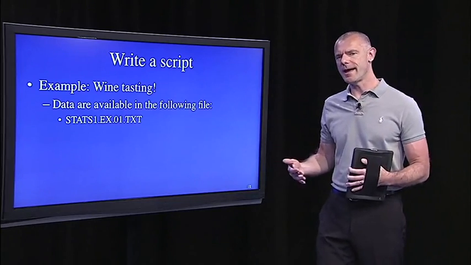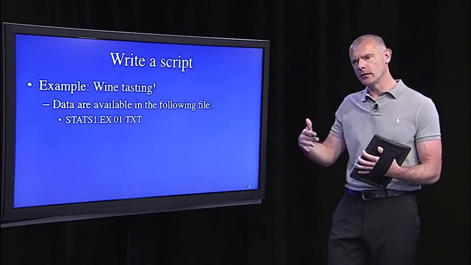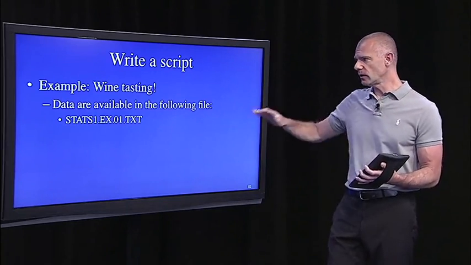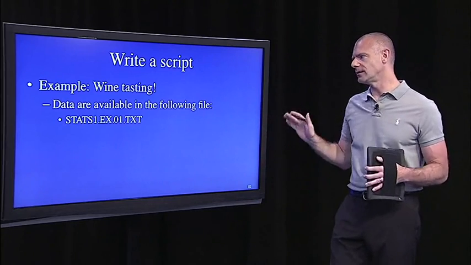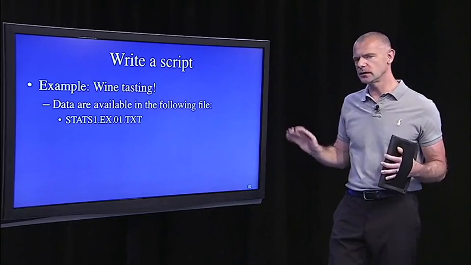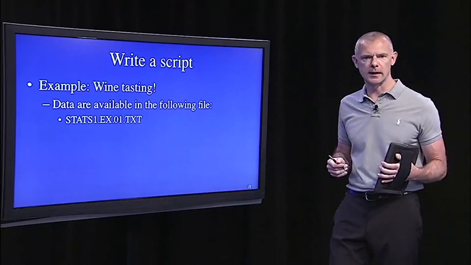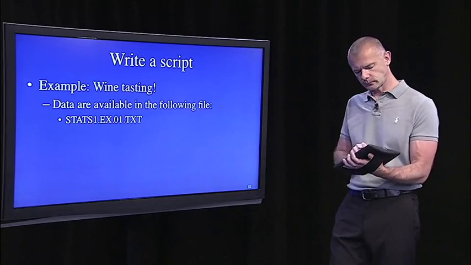So what we'll do today is we'll actually write a script in R together that runs those analyses. These data are available on the course website in a file called stats1.ex.o1.text. So this is the first example in Statistics 1, and I saved the data in a text file, so you should have no problem reading it.